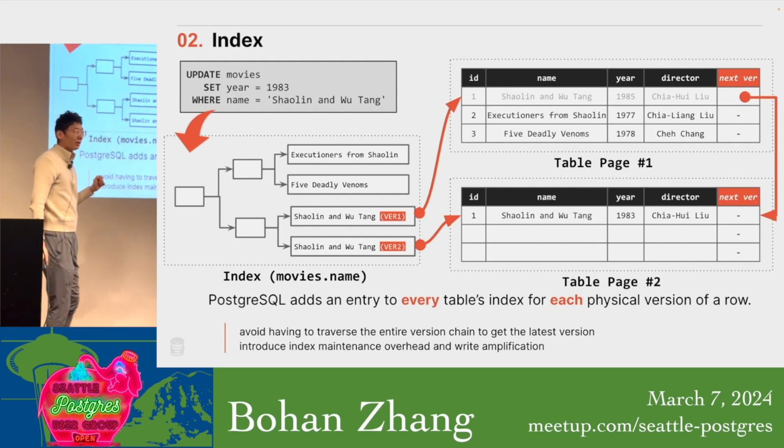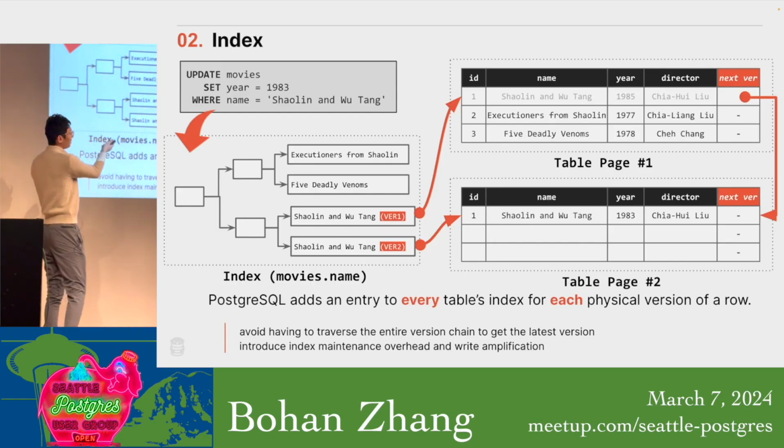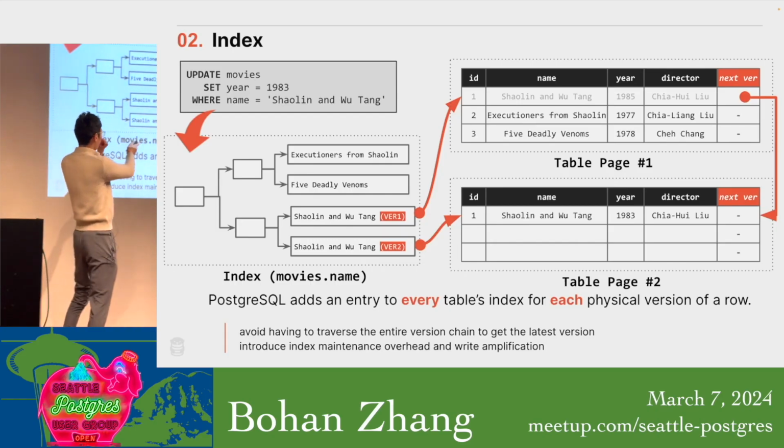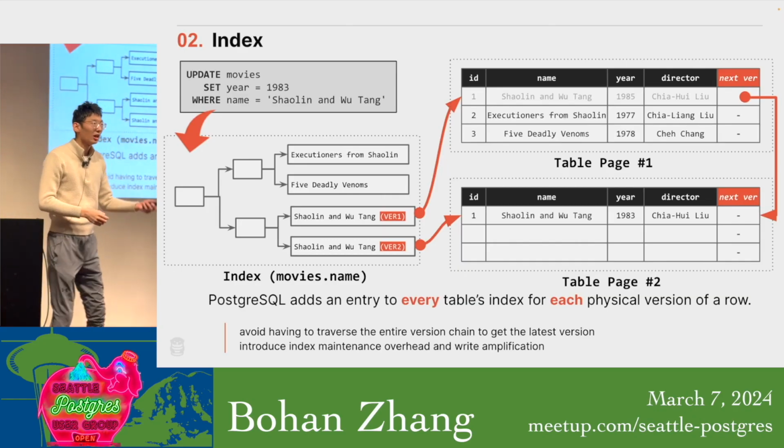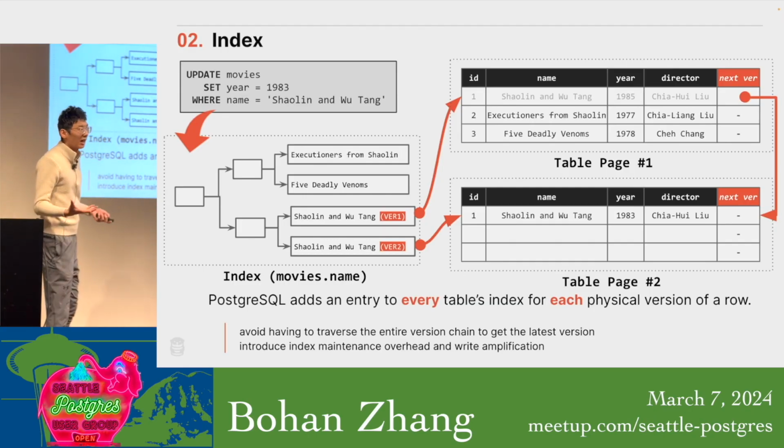So in this way, when you fetch the data, you can get the latest version directly from the index because it has a pointer to the latest version. So when you read the index, you find the entry pointing to the latest version, and you can get the latest version. In this way, you can avoid traversing the version chain, but there is overhead in maintaining the indexes.